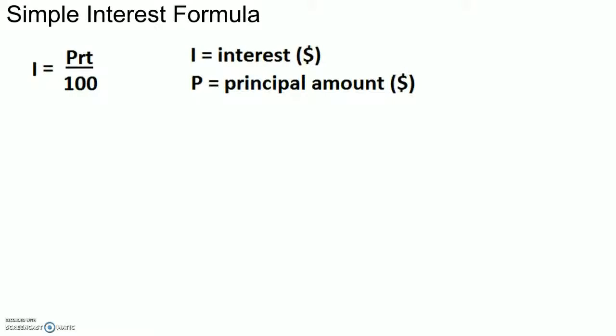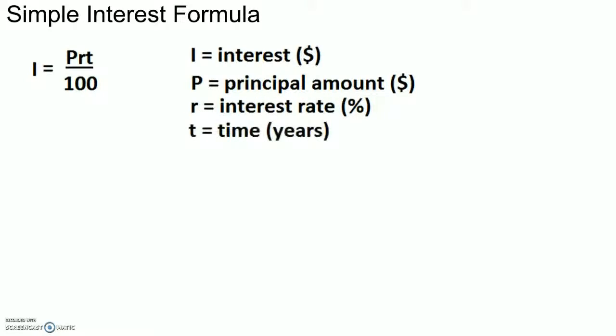So simple interest formula. The formula is I equals P times R times T, and then you just divide it up by 100. So your I is your interest, P is your principal amount, so this means your starting amount that is borrowed, and then R is your interest rate, and T is your time, and this will be in years.